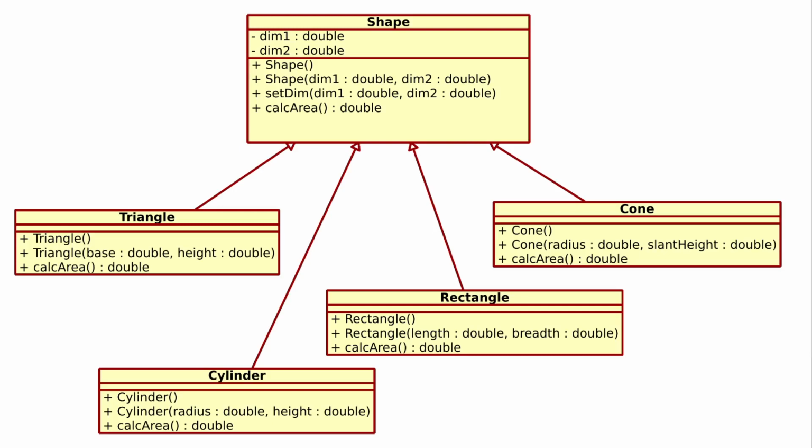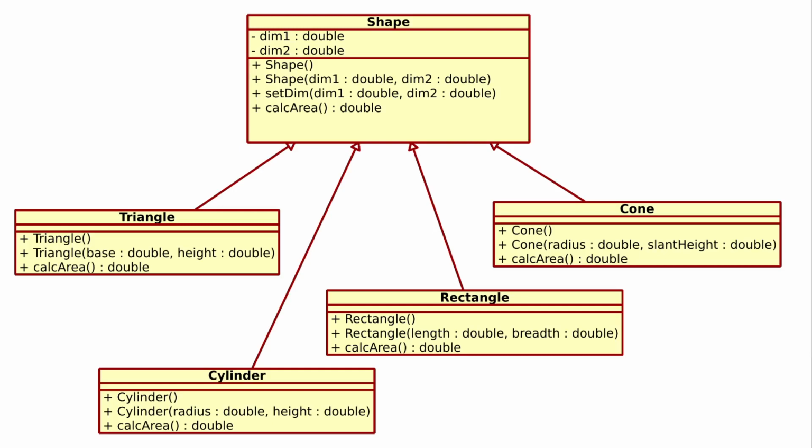But when the subclass is defining its own constructor, it takes the specific class-related arguments. For example, in the case of triangle, the constructor parameter names are base and height. In the case of rectangle, the constructor parameter names are length and breadth, likewise.